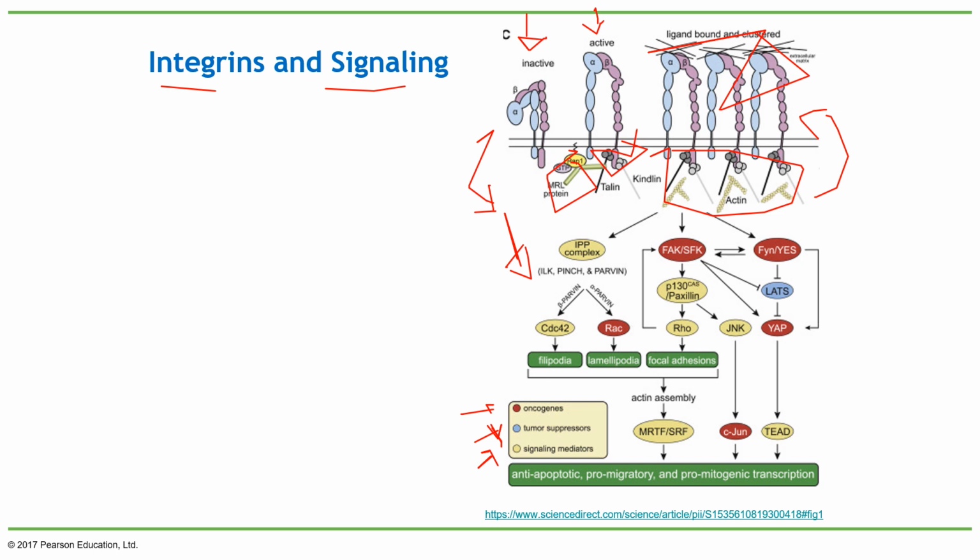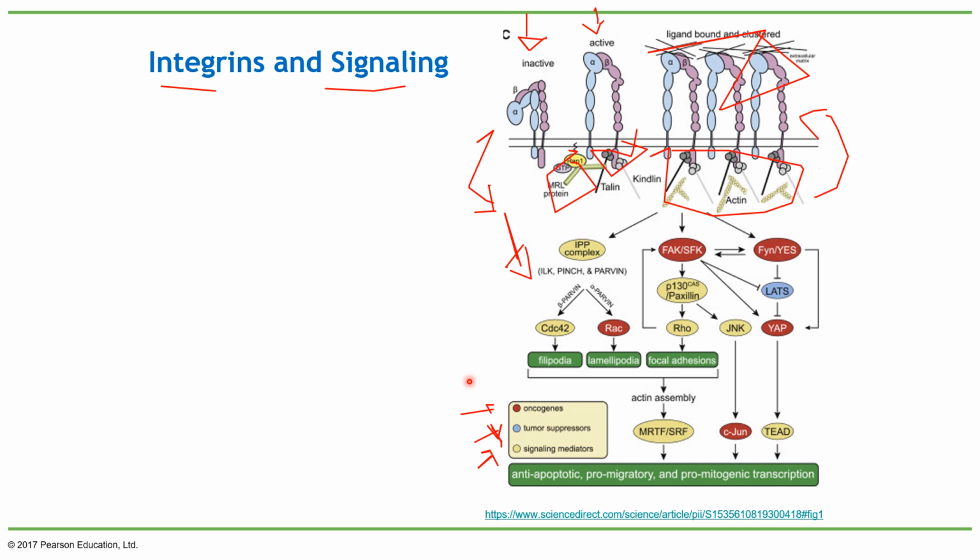So, for example, integrins in this pathway here can transfer a signal, and it can be involved in cell movement. So here you have filopodia and lamellipodia that are actin-rich protrusions involved in cell movement.